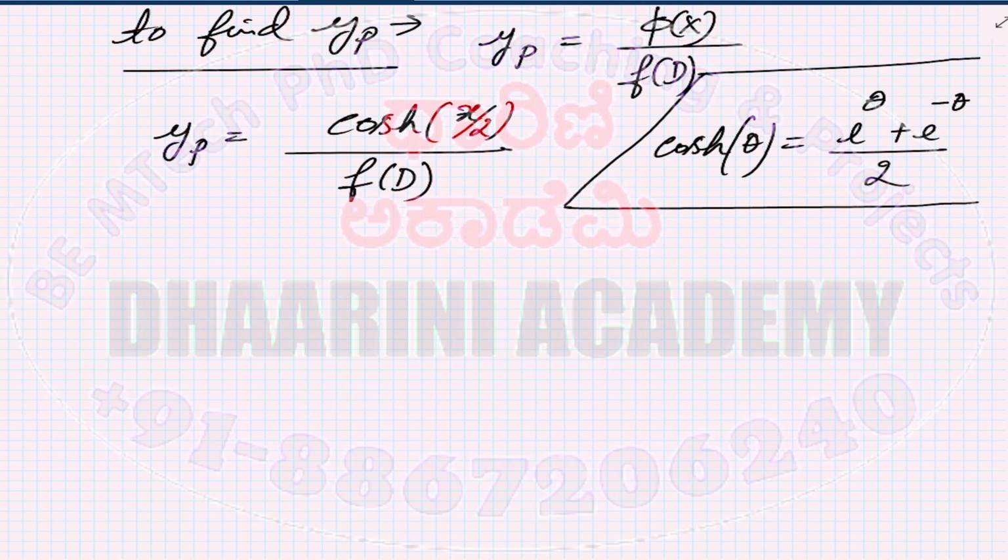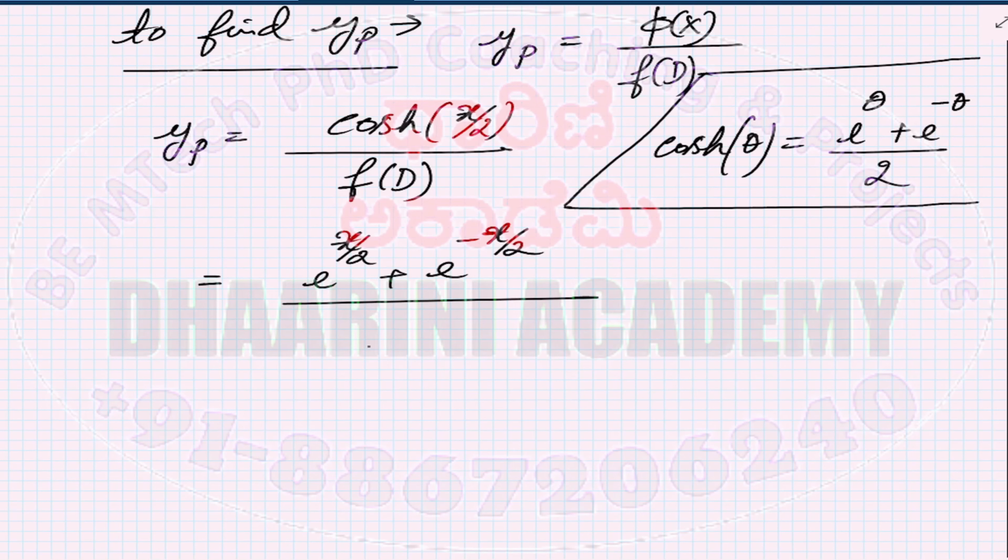Okay, so let's do this. So this is equal to, I substitute cos h by 2. So cos h of x by 2 is nothing but e to the power whatever is inside the bracket. So that means e to the power theta is x by 2, e to the x by 2 plus e to the minus x by 2, whole divided by 2, into f of d.